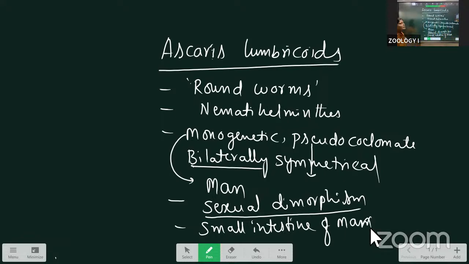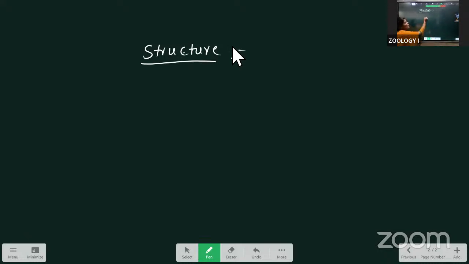Now we are going to discuss the structure of the Ascaris. Male and female differentiation is there. Both have some common characters: they are elongated and cylindrical in shape.